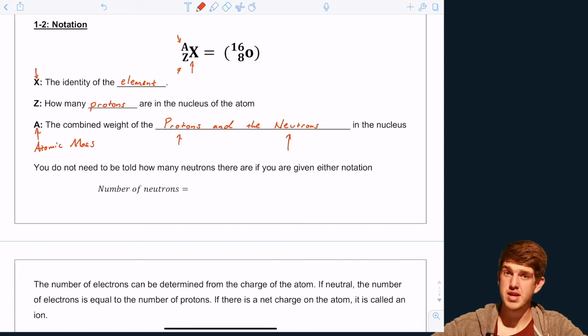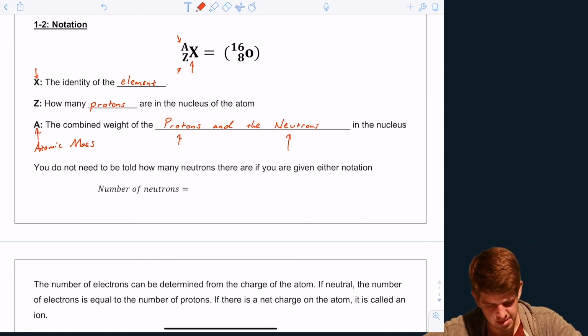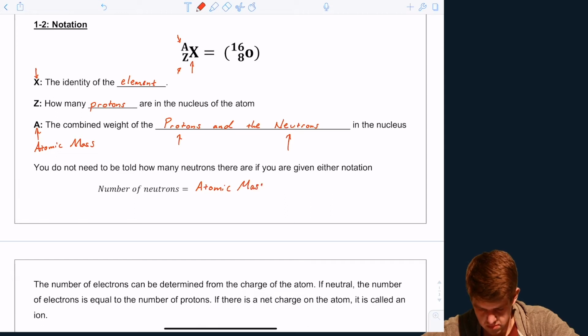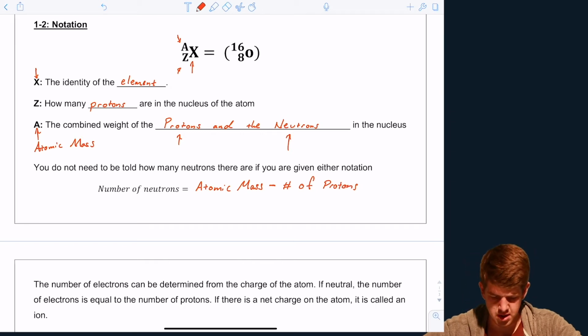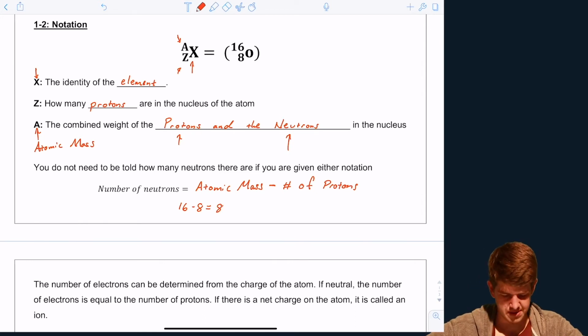If I know the atomic mass, which I do if I have the nuclear notation, and I know the protons, which I do in the nuclear notation, I can easily figure out the number of neutrons. So the number of neutrons will simply be the atomic mass minus the number of protons. For oxygen, that would be 16 minus 8, which means I have 8 neutrons.